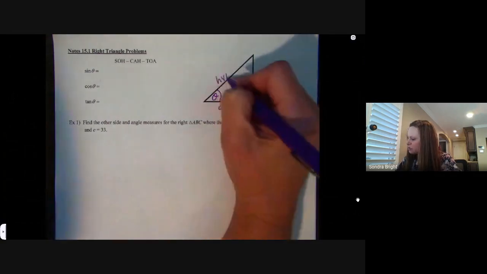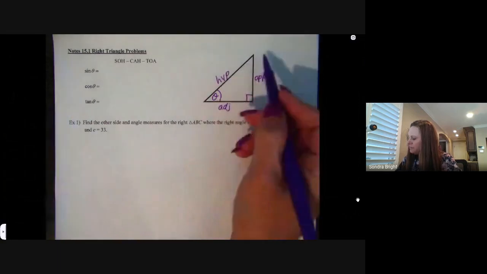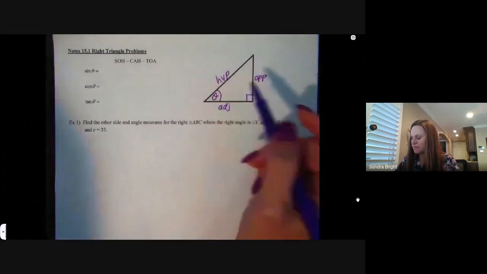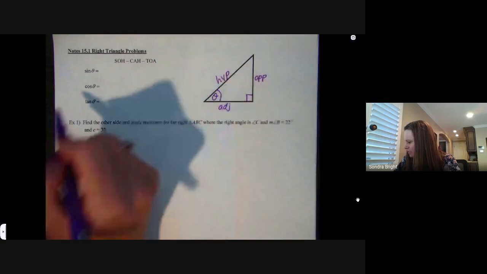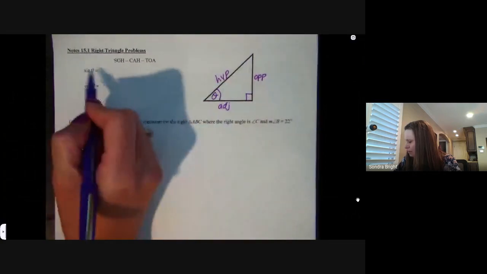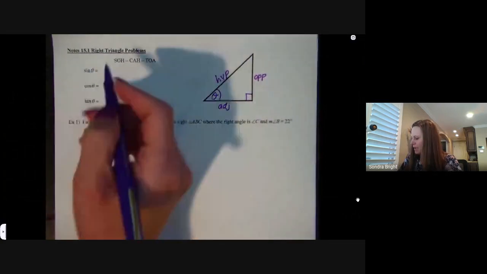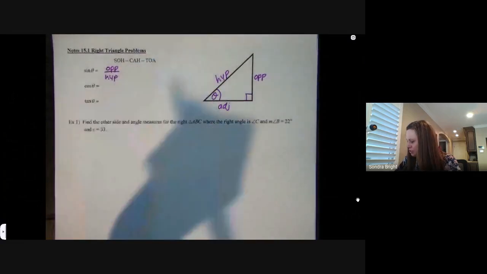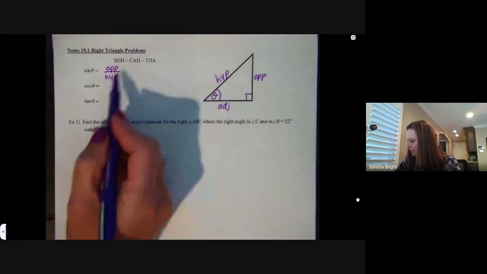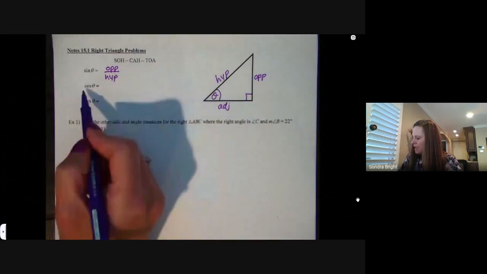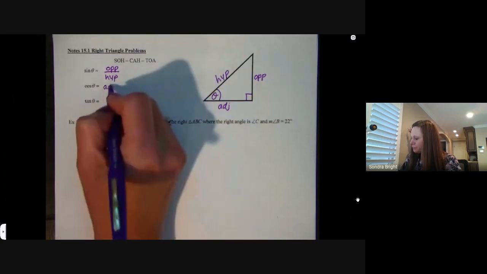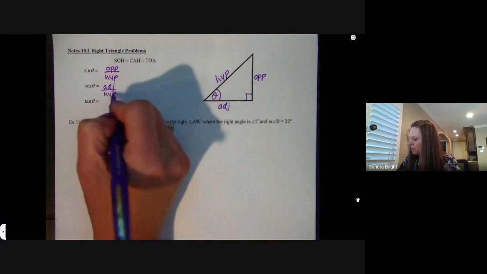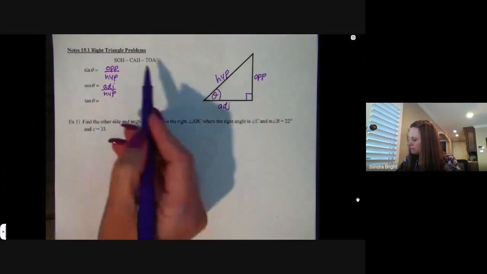And if you remember SOHCAHTOA, SOH stood for sine of theta is equal to the opposite side over the hypotenuse. CAH was cosine of theta is the adjacent side over the hypotenuse. And TOA is the opposite over adjacent.